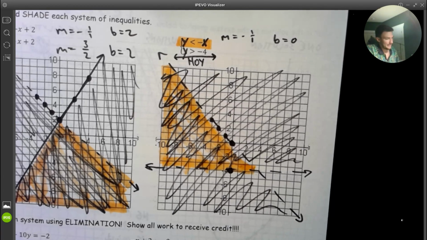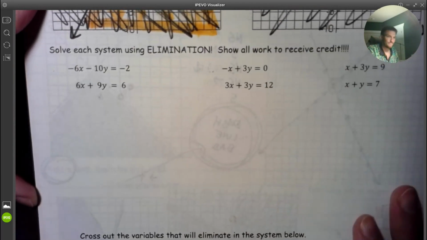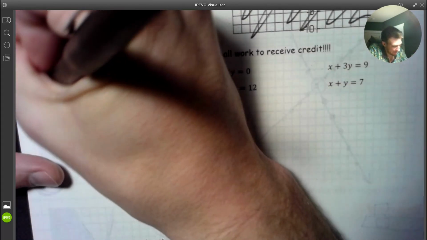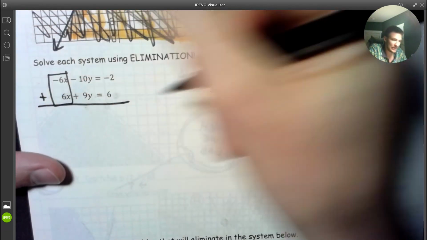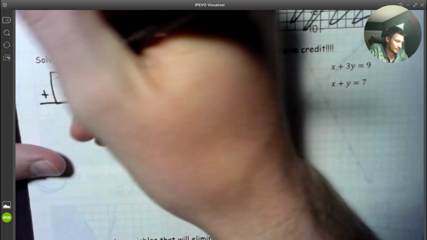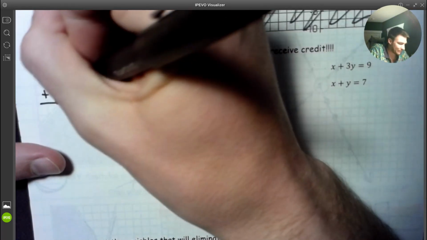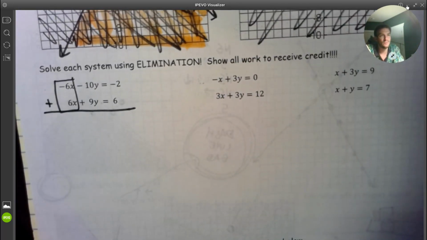All right, we're almost done here. Gonna power through 3 more questions. I'm noticing that these x's are perfect opposites, and so I'm gonna cross those out. Those are perfect opposites. They're gonna go away. I'm gonna focus on my y's, negative 10 plus 9. If you're ever not sure, just use Desmos, right?